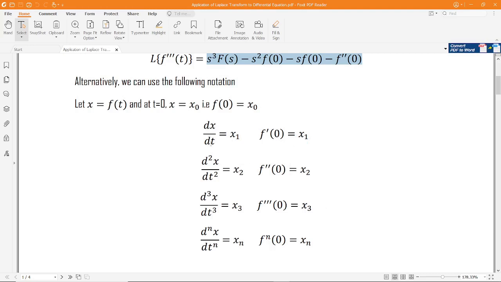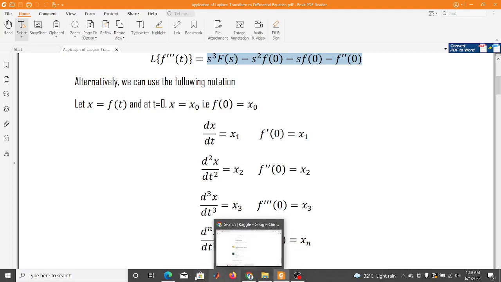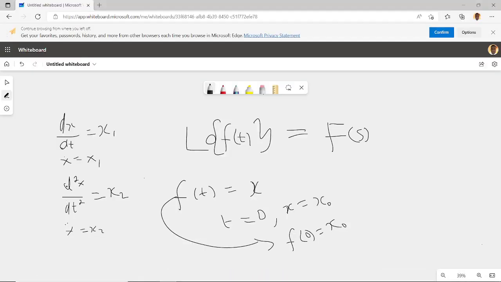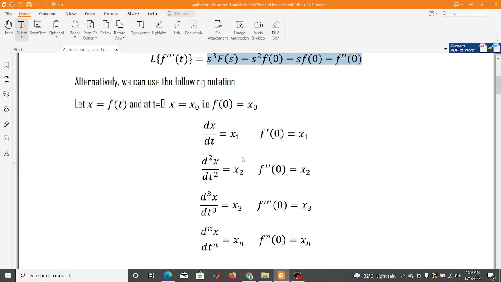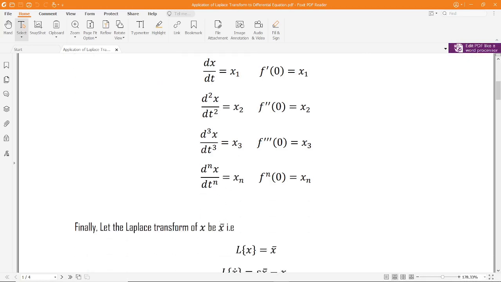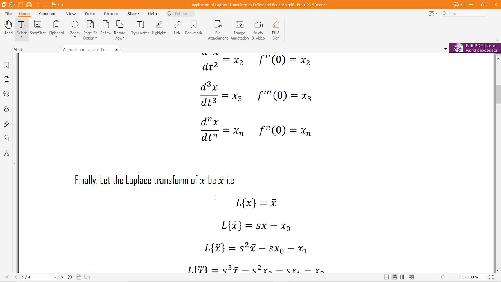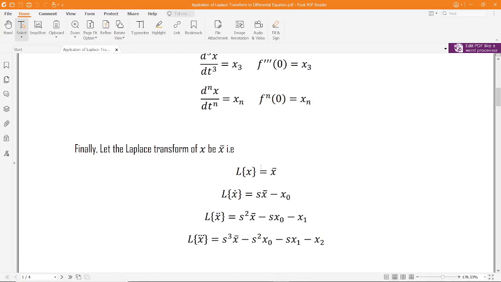Saying you have x dot, and the second differential of your x is the same thing as having your x double dot equals x2. So it's just another notation of your dx dt, saying the first order of x, second order, third order, fourth order, or up until the nth order. So the Laplace equivalent of x now is what is being given here.